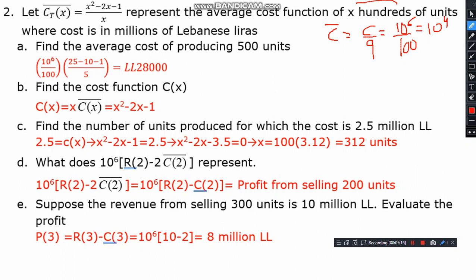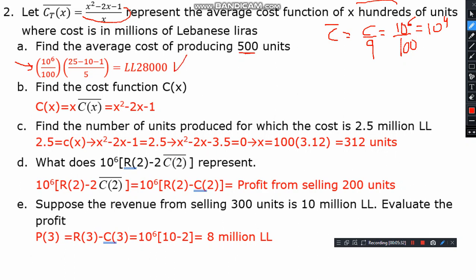Now find the average cost of producing 500. As we said, million over 100, so it's 10 power 4. We replace here by 5 because X is in 100, so you have 28,000 Lebanese lira.